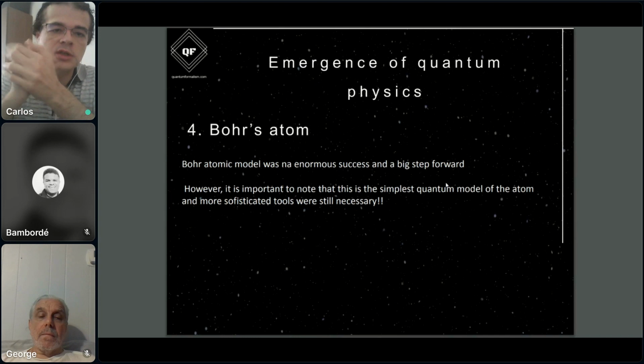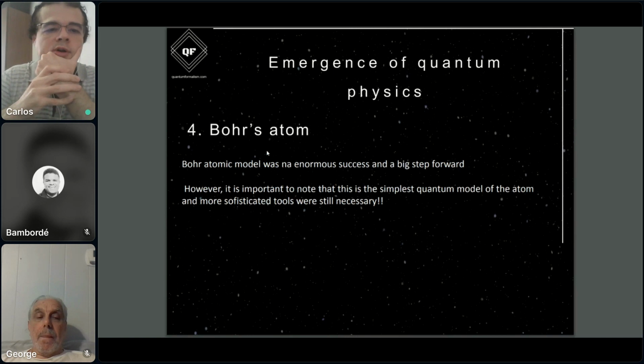So we have the wave-particle duality for light, and also some people were worried about the atomic structure. Now the best model that we have is this Bohr atom structure that explains well the observations in the hydrogen atom. Right?